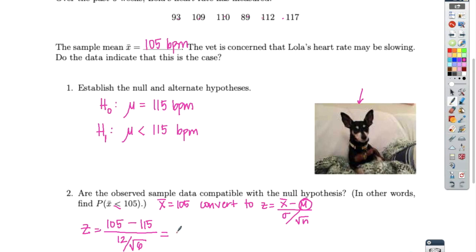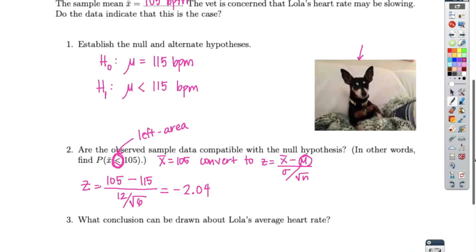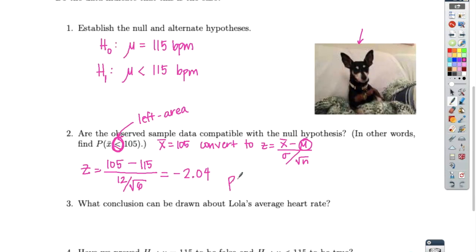So when I put that into my calculator, I find a z-score of negative 2.04. So that's the z-score that I want to find. And since this is a less than or equal to, that's the equivalent of me finding a left area now using my z-table. So looking at my z-table, now I'm finding the probability that z, my z-score, is less than or equal to negative 2.04.